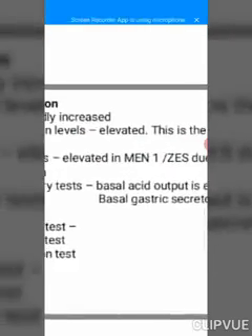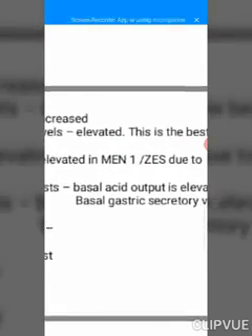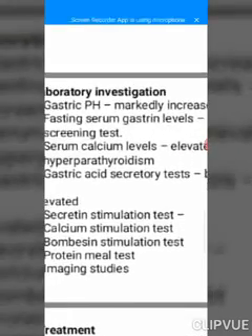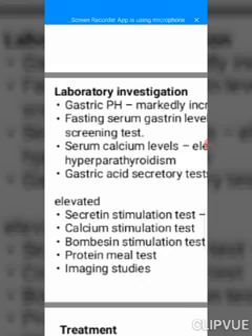Why? Because MEN type 1 is associated with other hormones, and one of them is hyperparathyroidism. You remember parathyroid hormone always increases serum calcium. So the one that is associated with MEN type 1 will be associated with increased parathyroid hormone production, and at the same time increased calcium level.